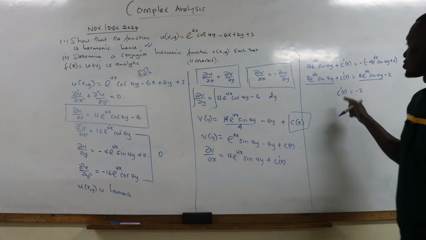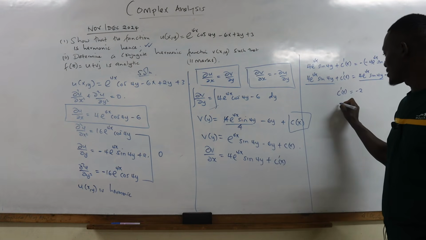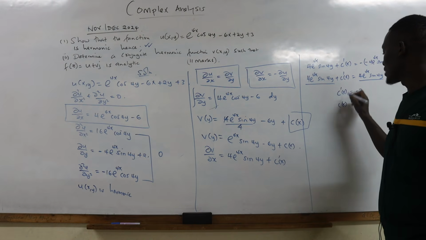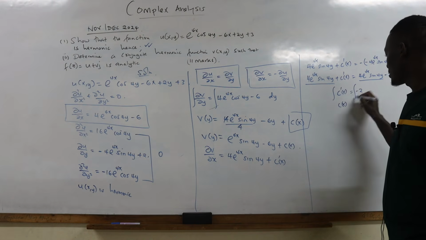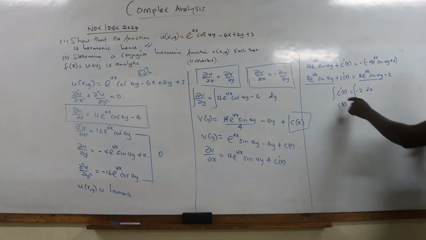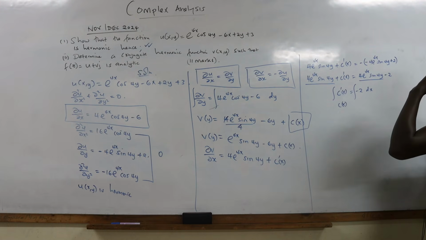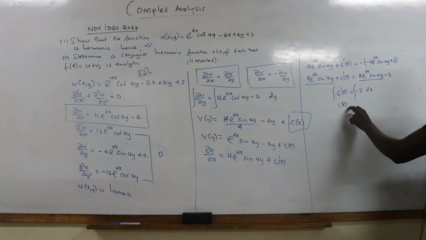So we have this, it's a derivative. For us to get cx, you integrate this side and this side with respect to what? With respect to x. This one is a derivative, so for us to go back to the actual function, you integrate.